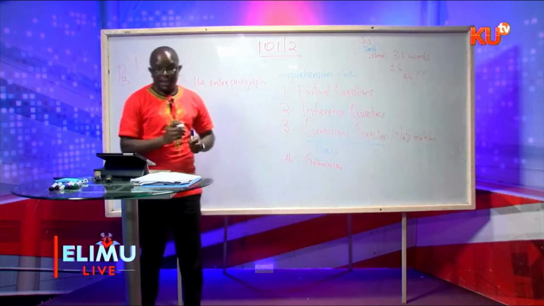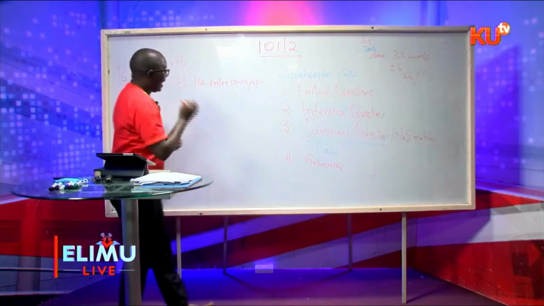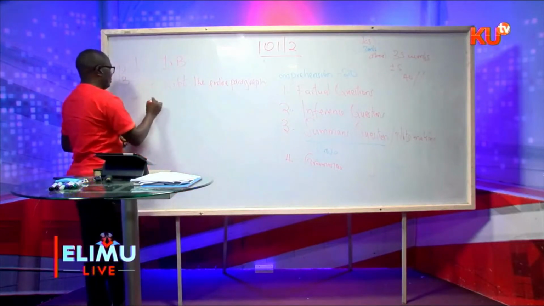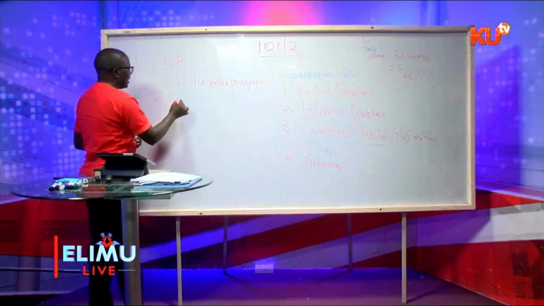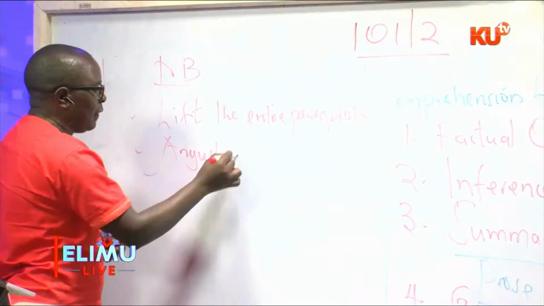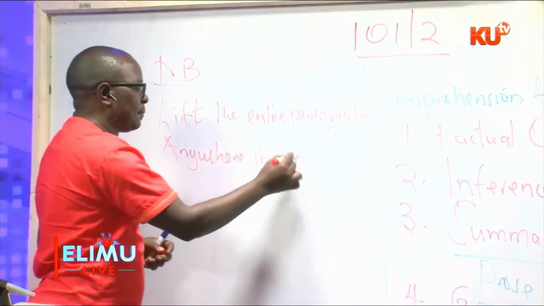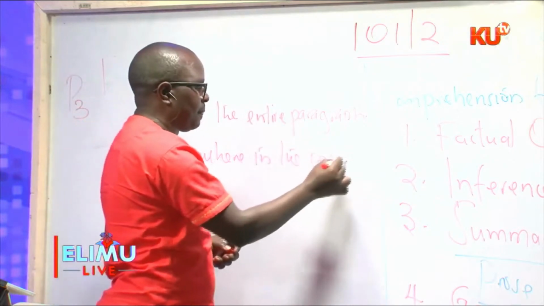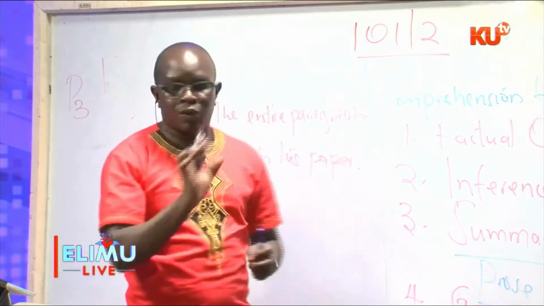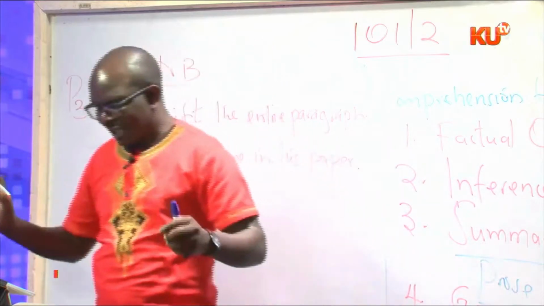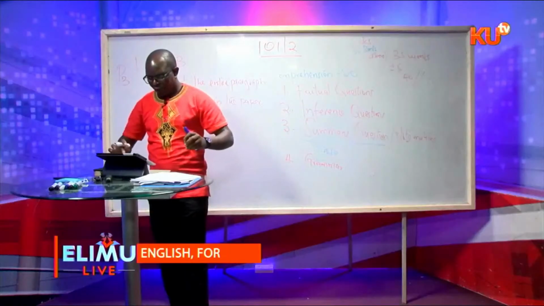Number 2, the answer can be written anywhere. You can write the answer anywhere in the paper. Just ensure that you refer the examiner to where the answer is. Just guide the examiner correctly.